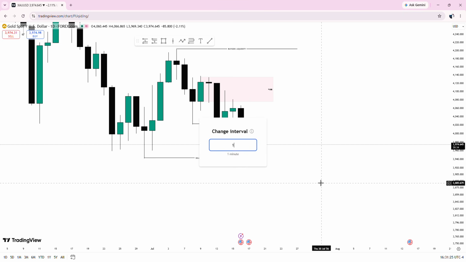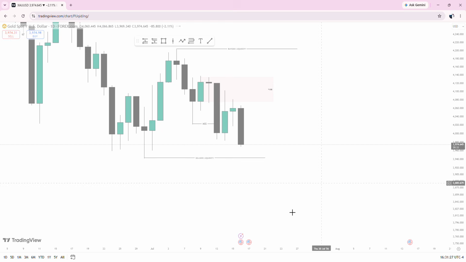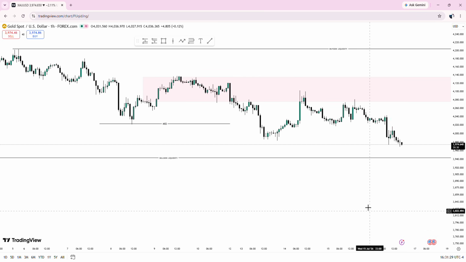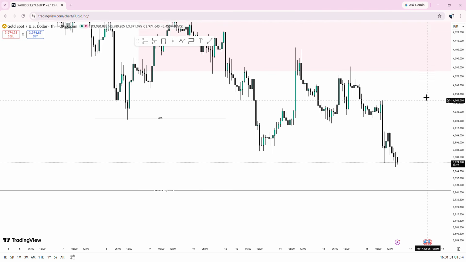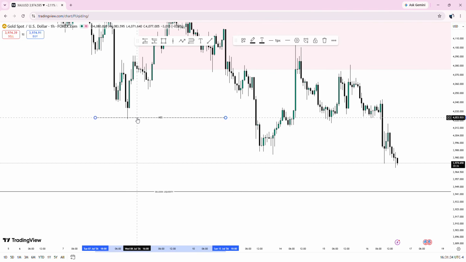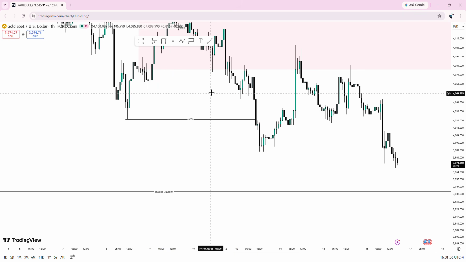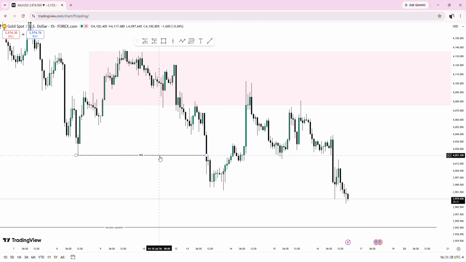With that in mind, we can drop to the time frame alignment with the daily, which is going to be the hourly. On the hourly, what you notice is that this is what I am using as a shift in market structure. This is where we had our order block.